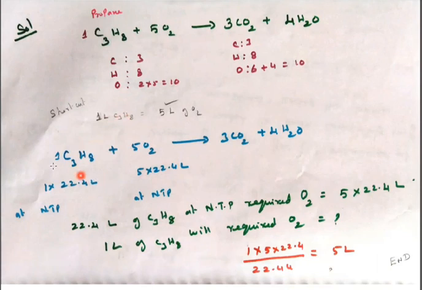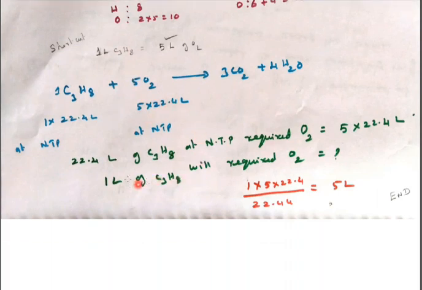So in the calculation, here 1 liter means 22.4 liters, and here 5 into 22.4 at NTP, normal temperature and pressure. 22.4 liters of propane at NTP requires oxygen equal to 5 into 22.4 liters, so 1 liter of propane will require oxygen equal to cross multiplication 1 into 5 into 22.4 divided by 22.4. So we are getting 5 liters. 5 liters is the answer.